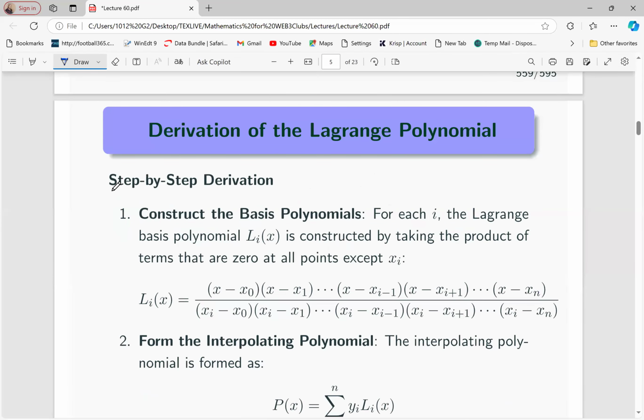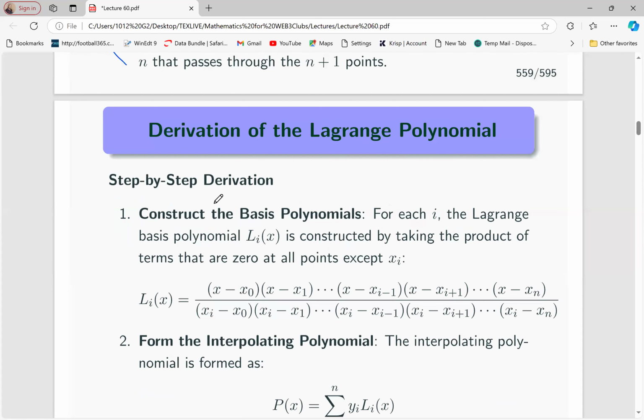Now, here I'm just showing you step by step what we're supposed to be doing. The first thing, of course, is to calculate the Lagrange basis polynomials Lix. So you calculate L0 x, L1 x, L2 x, up to the last point, depending on how many points you have. If you have 3 points, you're doing L0 x, L1 x, and L2 x.